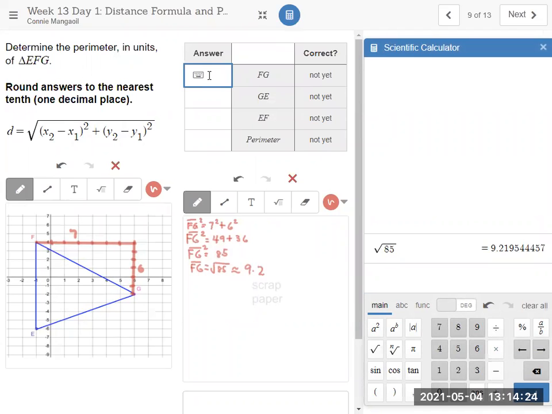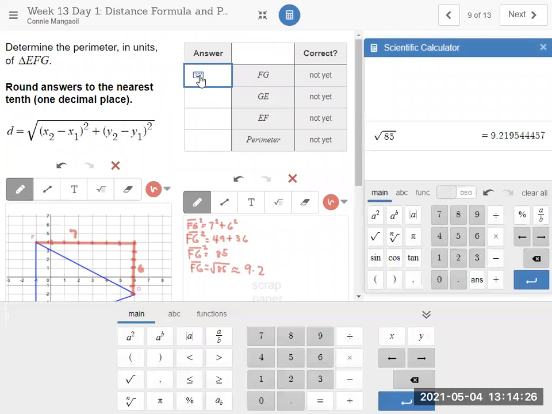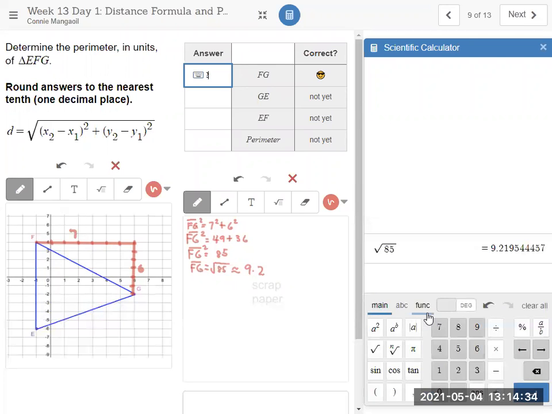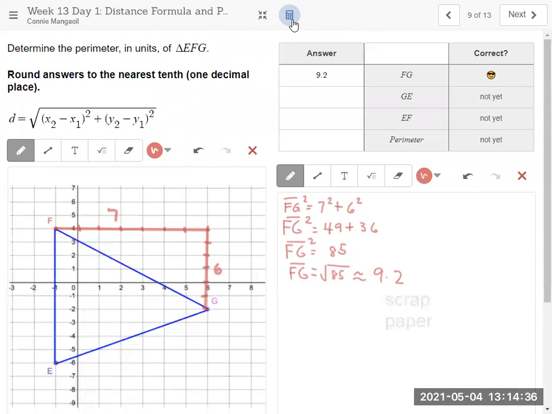So type in 9.2 here. Okay, and you will get that smiley face with sunglasses. Okay, so every time you got that, it means that your answer is correct. Question?